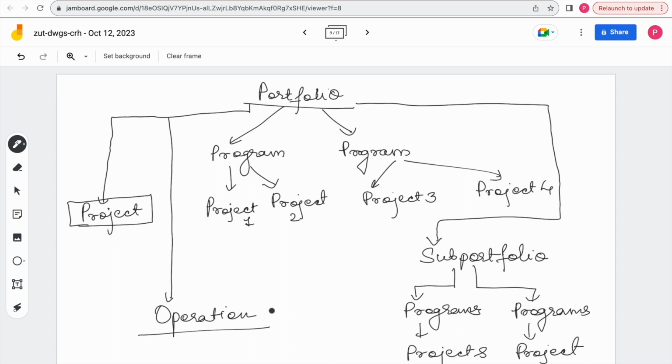Business value is money, right? If you want to know details about operations, as I told you, I have made a separate video on operations management, so do watch it, it will be clear to you. So in the definition, a portfolio is a group of programs, or sometimes sub portfolios, or projects directly under the portfolio, and even operations.